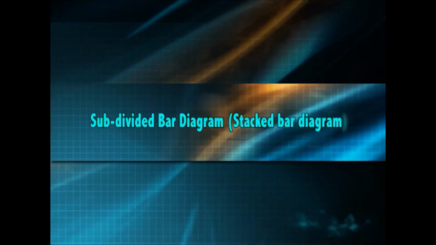2. Subdivided bar diagram or stacked bar diagram. Apart from the magnitude of a variable under various situations, if it is to represent the components of the variable also, we use a subdivided bar diagram. For example, the total number of AIDS patients of 4 districts of a state is collected sex-wise and recorded as follows.